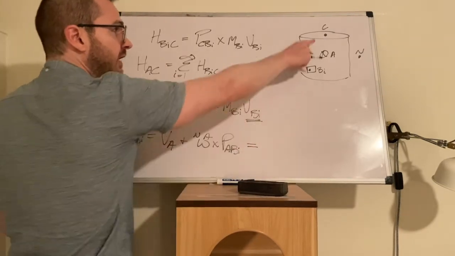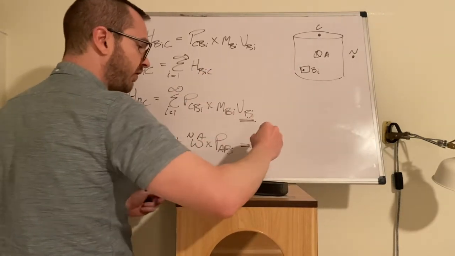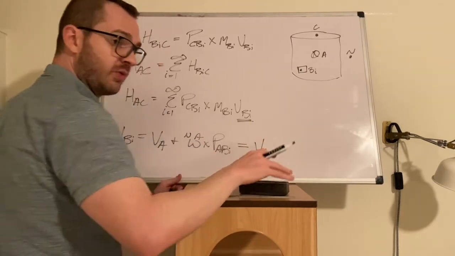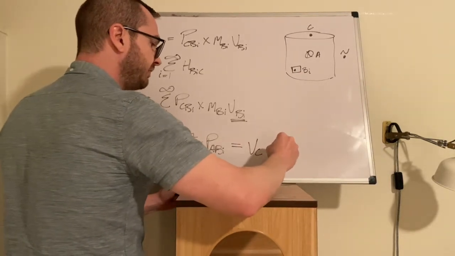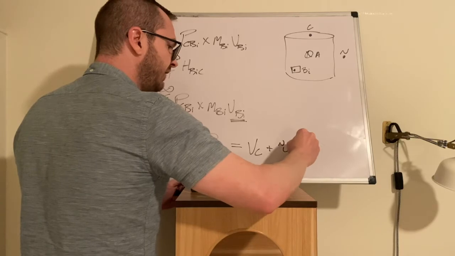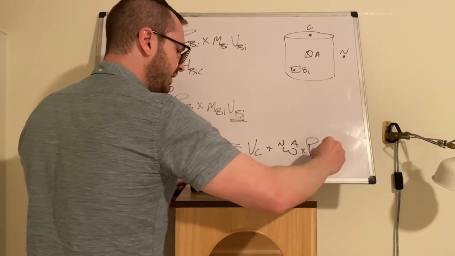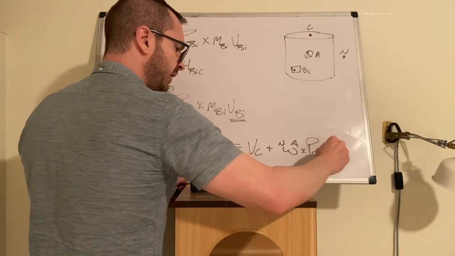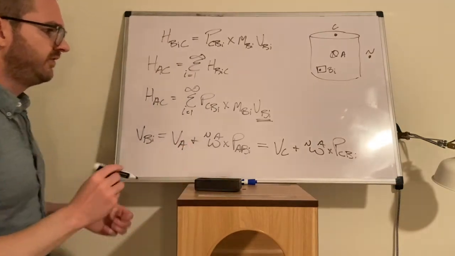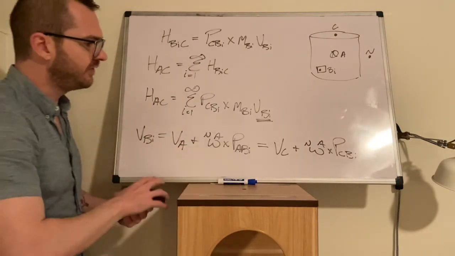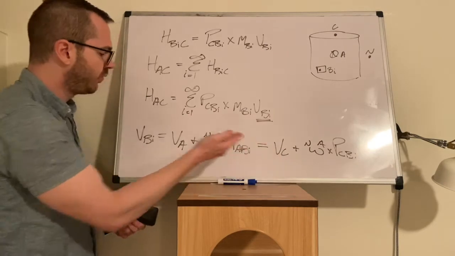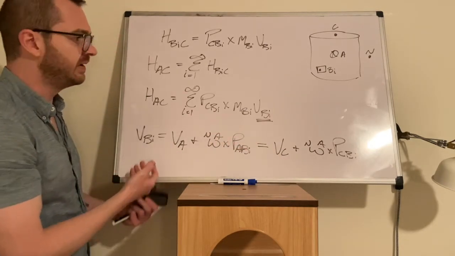Since we're focusing in on point C, let's do this same process, transport theorem, but let's start with the velocity of C. So V_C plus omega_N/A cross P_C to Bi. This is also valid. This is another way to define the velocity of B sub i.